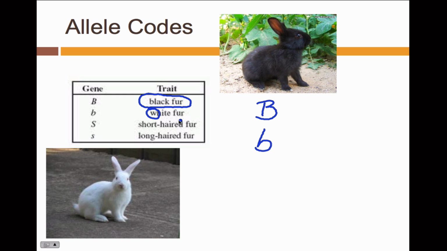Even though the recessive trait is white fur, we're not going to use a lowercase w, we're going to stick with that b. So capital B indicates black fur and a lowercase b indicates white fur. You'll notice that it's the same here. The dominant trait is short-haired fur, so we use a capital S to indicate that dominant trait. The recessive trait is long-haired fur, and so we would use a lowercase s to indicate that recessive trait.